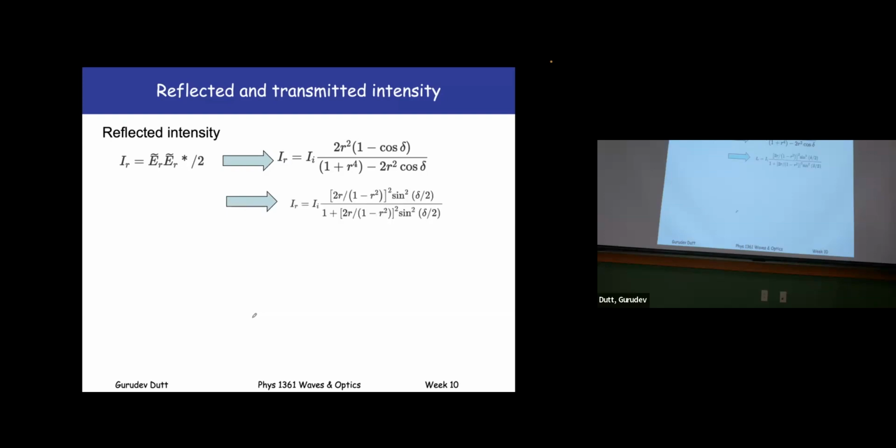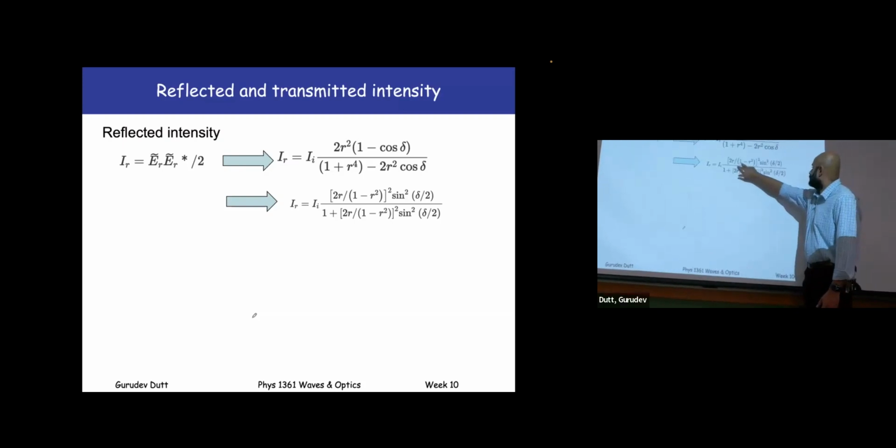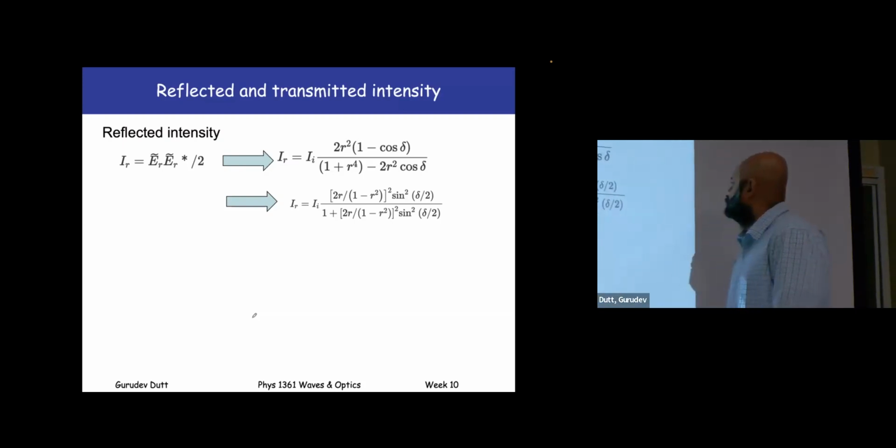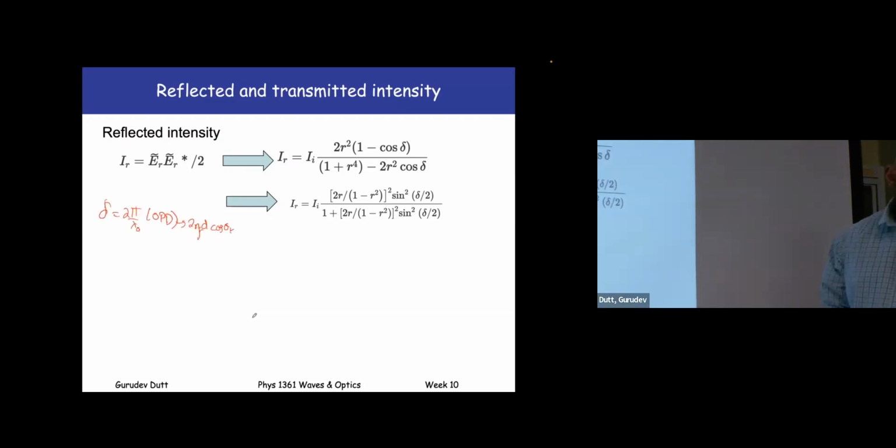Then I can simplify it further by writing 1 minus cosine delta as 2 times sine squared delta over 2. That's another additional simplification. So that helps me write this out in this form, so that we see there's this factor 2r divided by 1 minus r squared. This is called the coefficient of finesse.